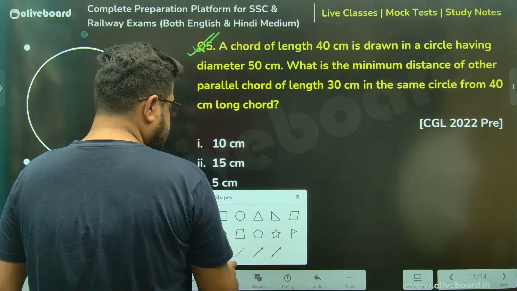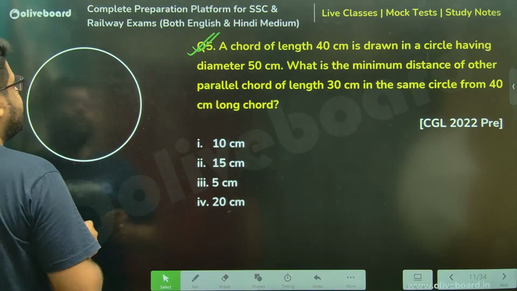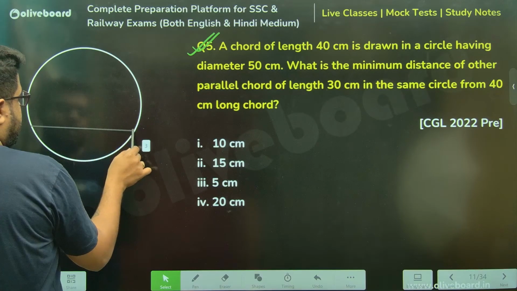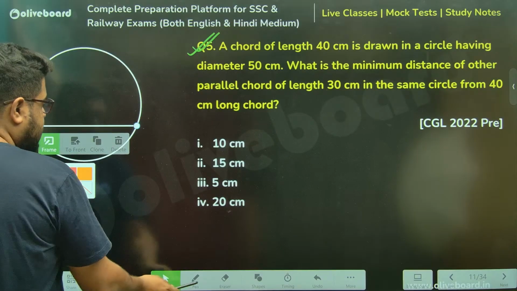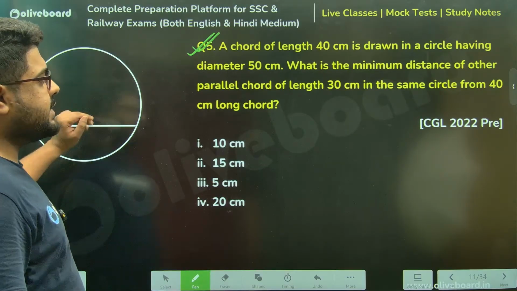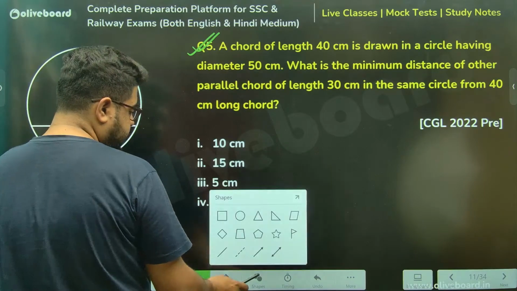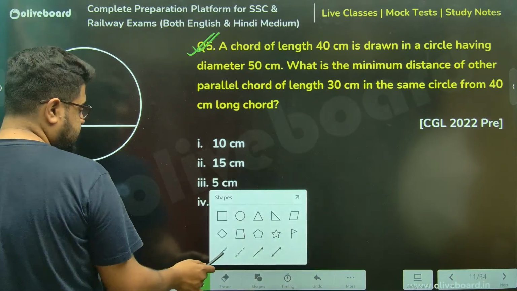So the 40 centimeter chord is drawn in a circle having diameter 50. This is the first one, 40 centimeter.